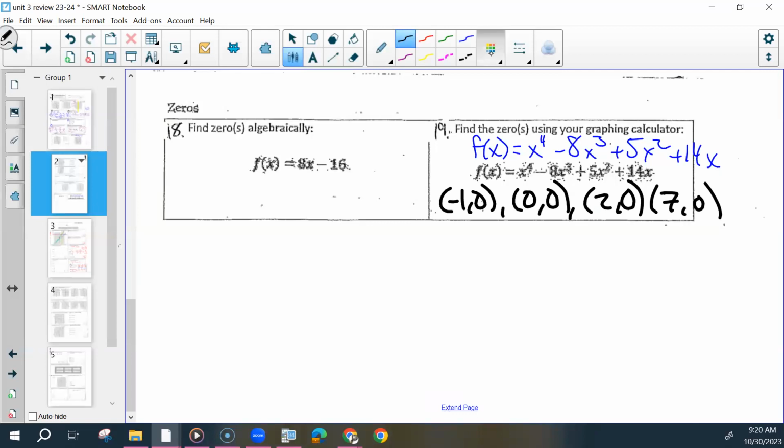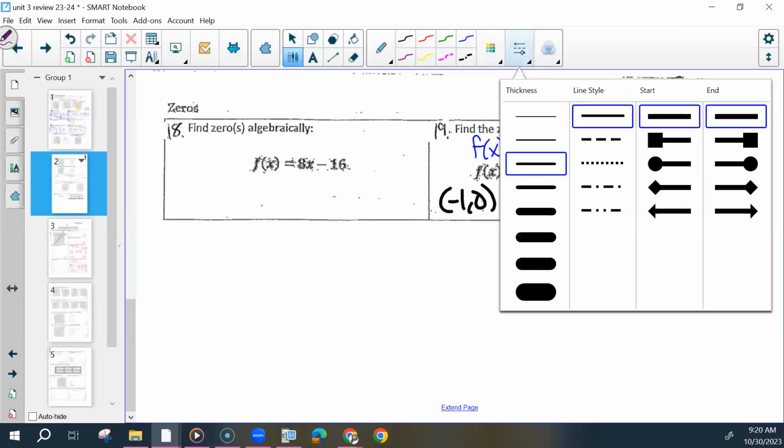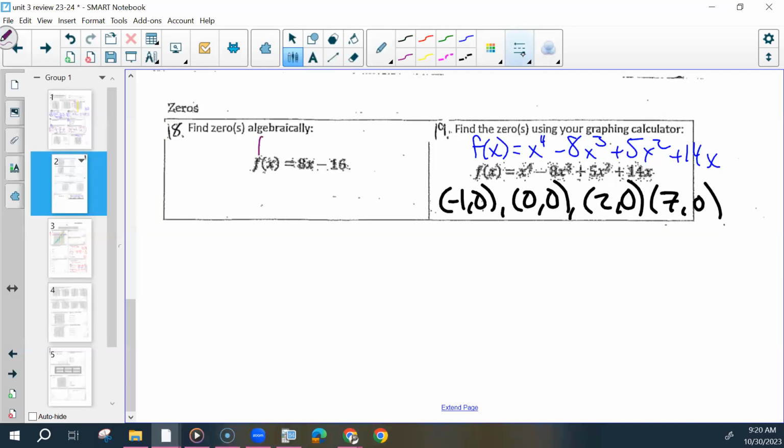I'm gonna rewrite so you can see what it says. f of x equals 8x minus 16. So again, if we're finding the zero, we're looking for the x-intercept. When we're finding this algebraically, we have to remember that the y value, if we're looking for an x-intercept, is what?